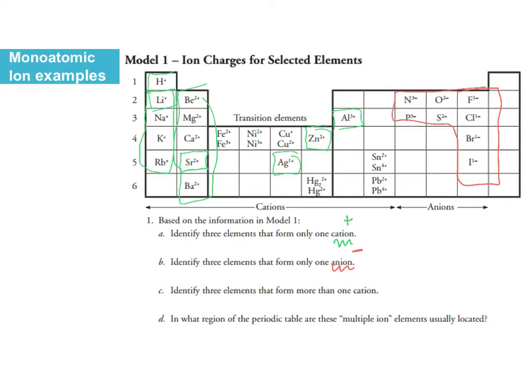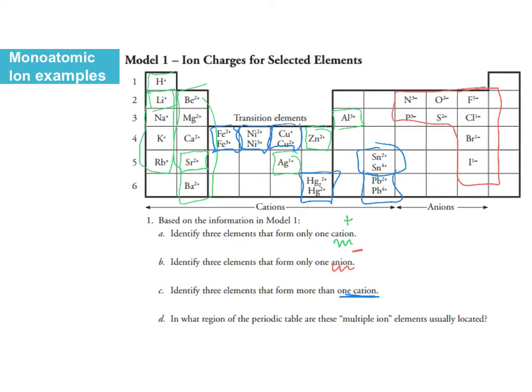Now identify 3 elements that form more than one cation. Process of elimination. Everything else that's left, you can see they kind of have these options. There's more than one way they can form their cation.